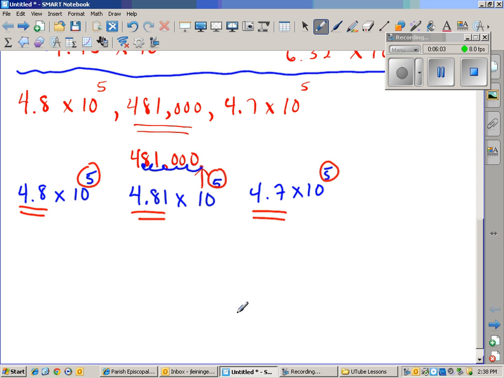The smallest number in front is this guy. He will be the smallest number. The second smallest number, by just a hair of his chinny chin chin, is this guy. And this guy is our largest. So be sure to look at your exponents first, and your biggest exponent will be your biggest number, and you don't even have to look at the numbers in front.